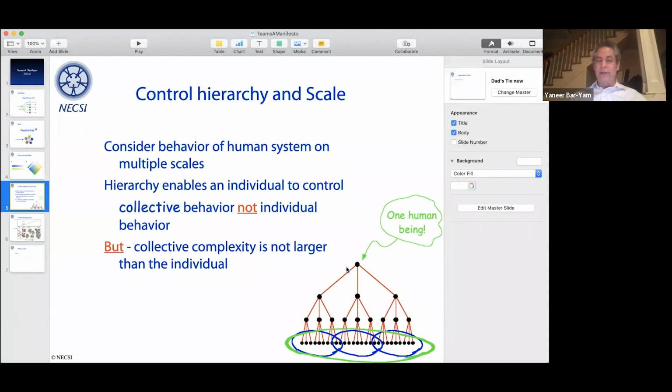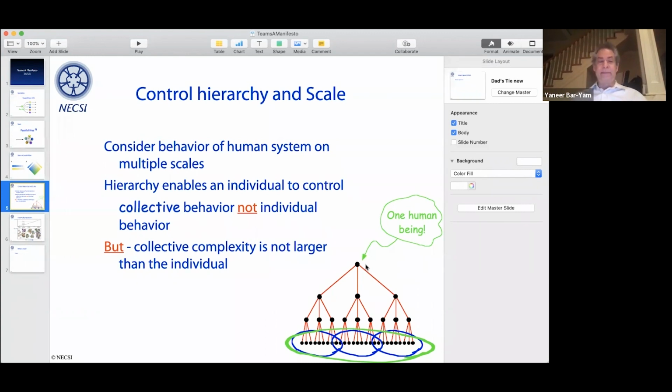Now, if you notice and you think about it for a minute, this is a bandwidth limiting system, right? Because the communication from these people to these people or these people, all of it has to go through this person. So you can think about this as a bandwidth limited system, or you can think about this as a complexity limited system, which is basically the same thing.